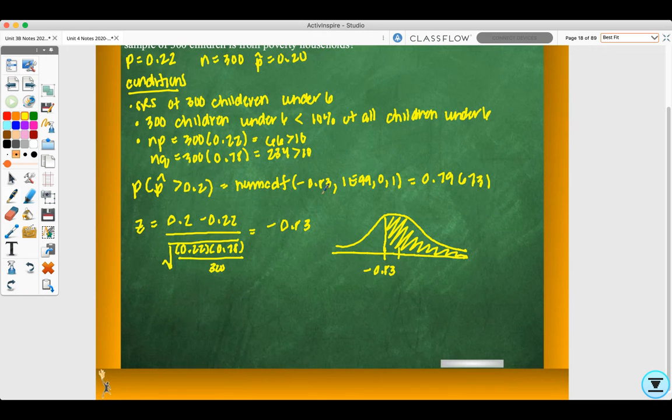So answer them within context. So what is the probability that more than 20% of the sample of 300 children is from poverty households?